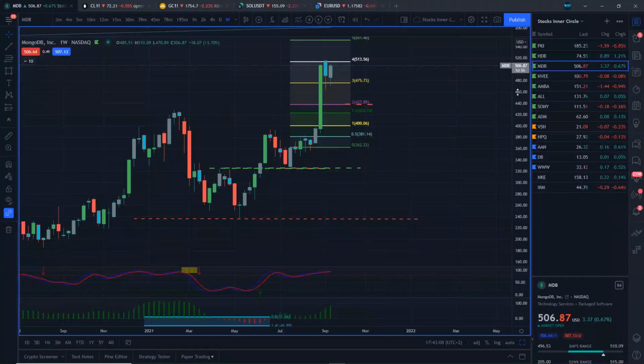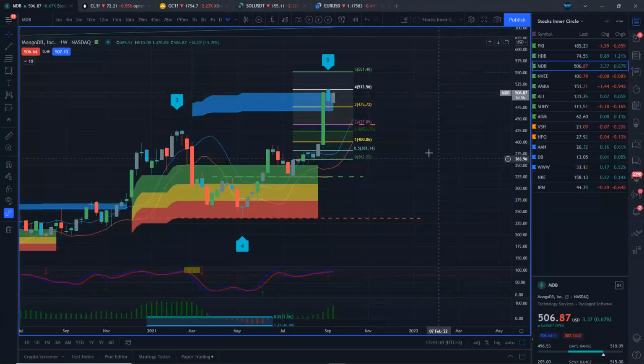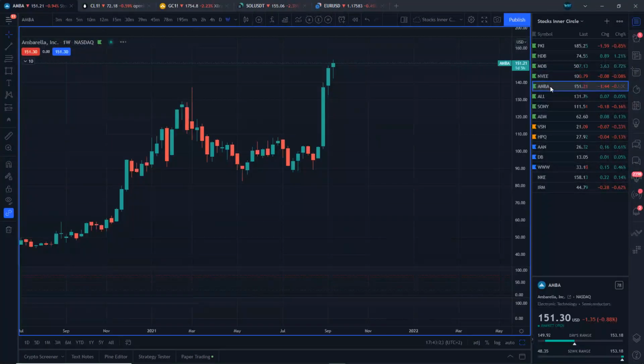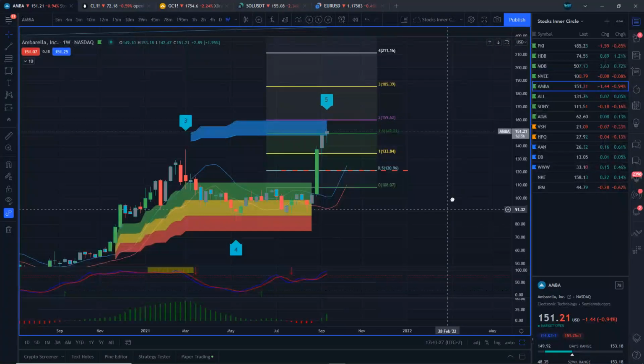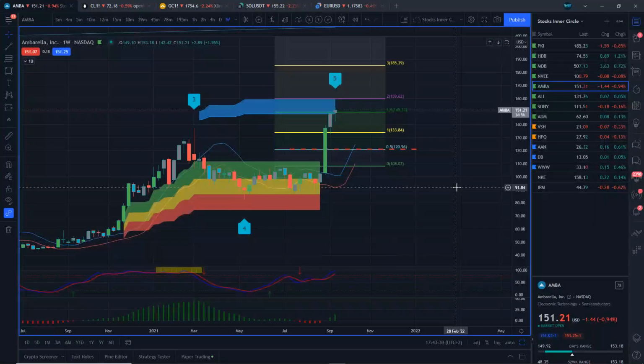NDB, the same thing. It's trying to push through right now. I've got some great profit locked in. This was an earnings reaction here, which you rely on. But now we're looking, and it could keep going. I think I'm in Amber as well. Amber's just approaching that 5th wave target zone right now. It's on and on and on.